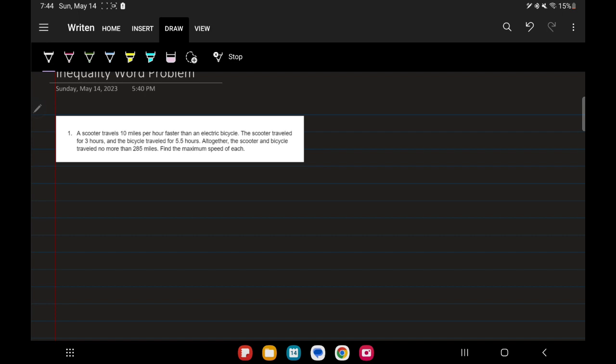So we know we're going to be less than or equal to 285. So 285 is greater than or equal to whatever the sum of the scooter's distance plus the bicycle's distance is.